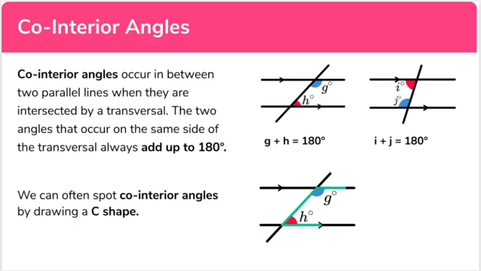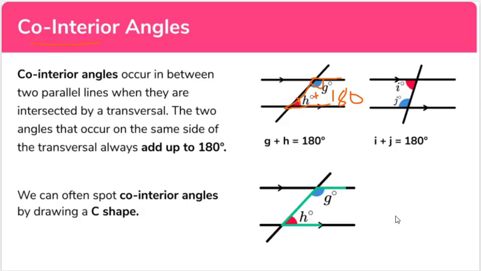85. Now the next one is called co-interior angles. Co-interior angles occur in between two parallel lines when they are intersected by a transversal, meaning that when we're dealing with co-interior, the shape that we deal with is a U shape, showing us that this angle H plus this angle G, when you add them together, must give you 180 degrees.